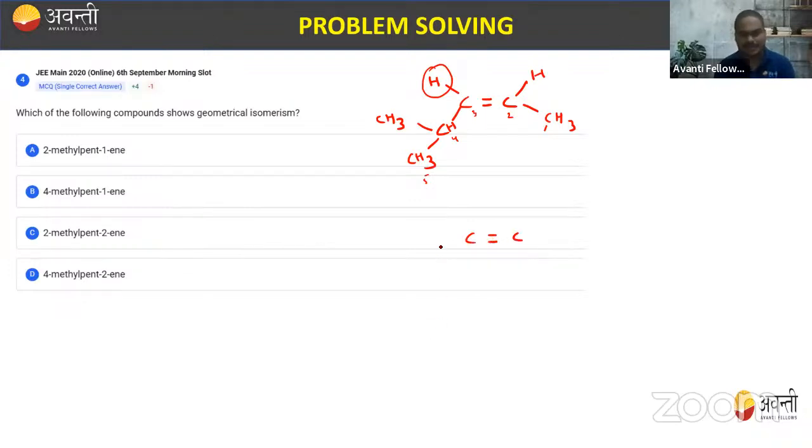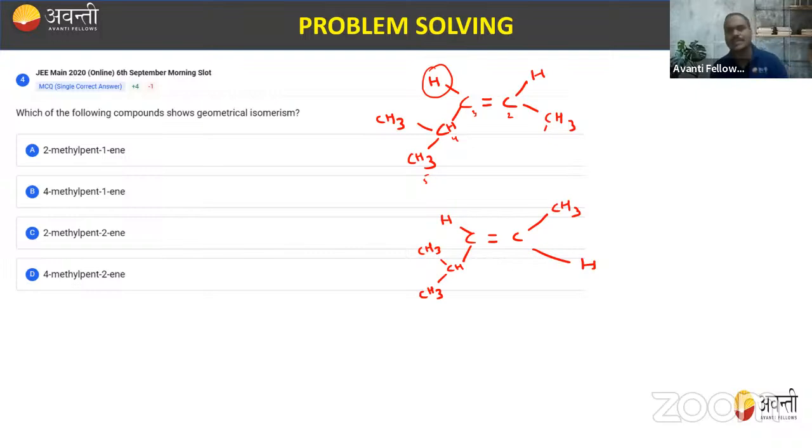Like C, and here we have H, here CH3, here H, and here we have the same molecule, CH3, and again CH3. ठीक है? So CH3, CH3, C double bond C, CH3, H. Right. So can anyone tell me which one is the trans configuration and which one is the cis configuration?